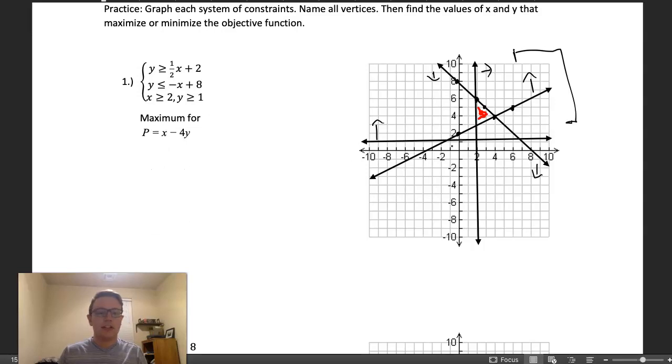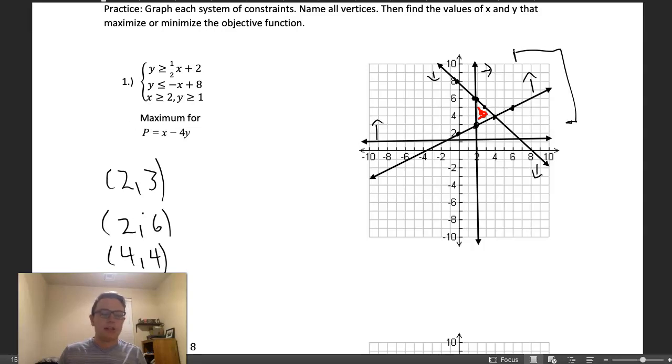Looks like we have one here. That appears to be the point (2, 3). We have one all the way up here. That looks to be at (2, 6). And our last one out here is going to be (4, 4).